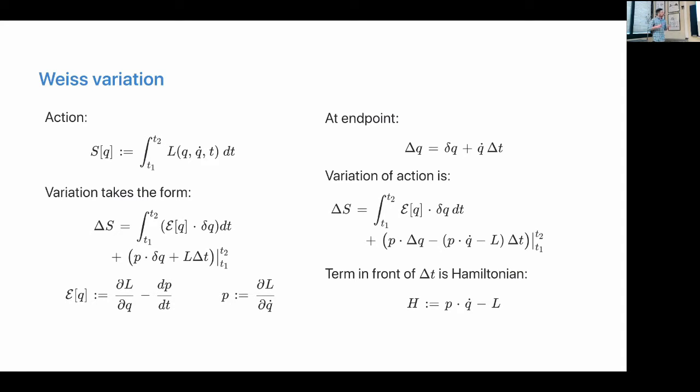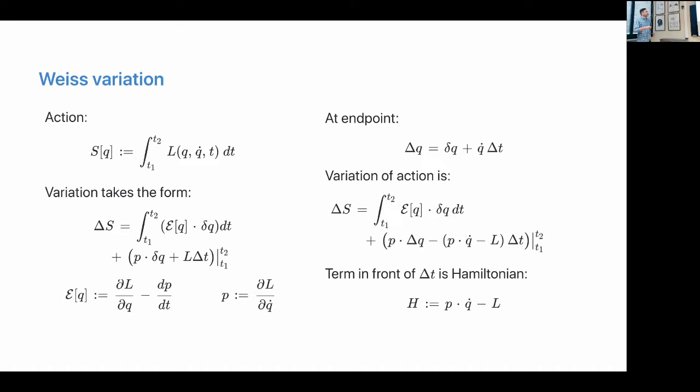So what we do is we write out the total change in Q in terms of the variation evaluated at the endpoints, plus the time derivative at the endpoint, the original undisplaced endpoint, times the amount by which you displace each endpoint.